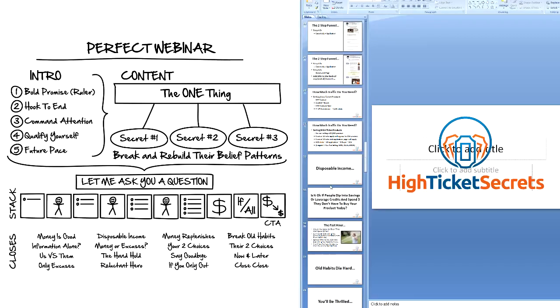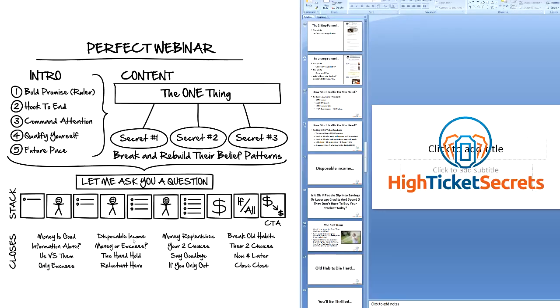I have like 30 pages of notes here that I was getting ready before this, so I've got to make sure I find them all. Okay. So the money is good close. Funny enough, that's the one I cannot find. I'll find that in a second. I'm going to move on to this. I'll start with disposable income and I'll come back to that when I find that one.